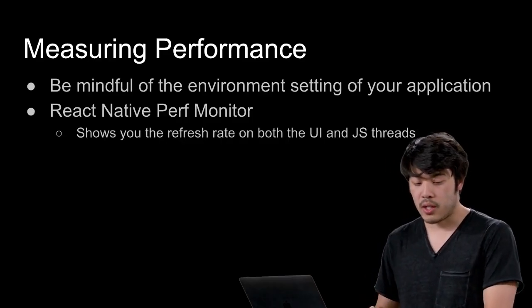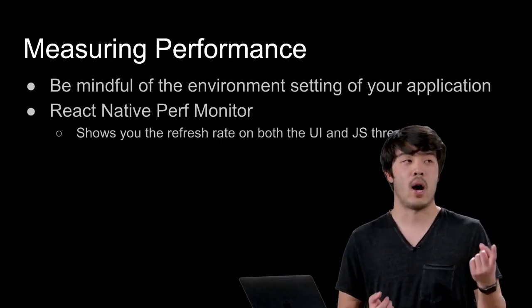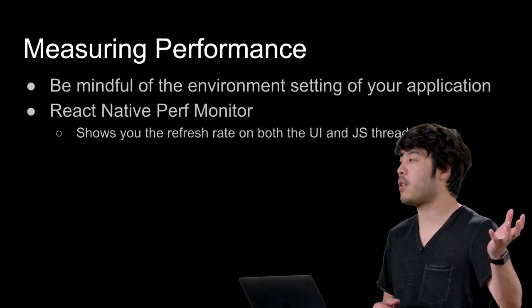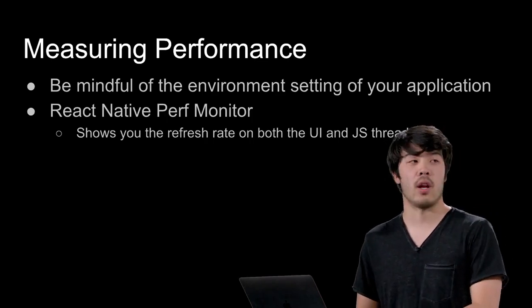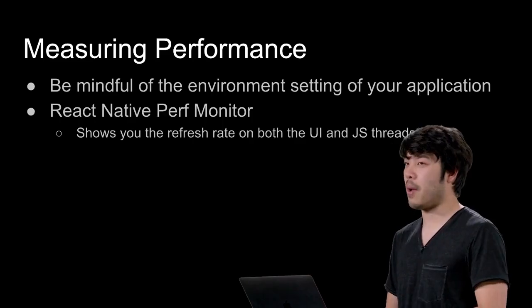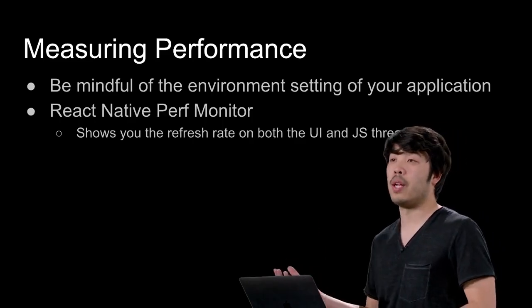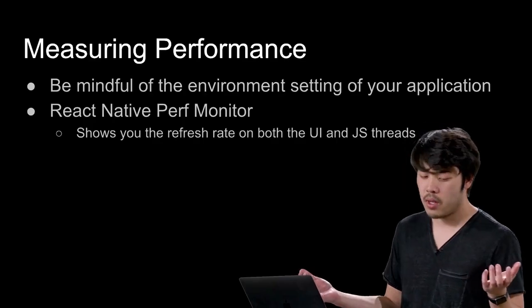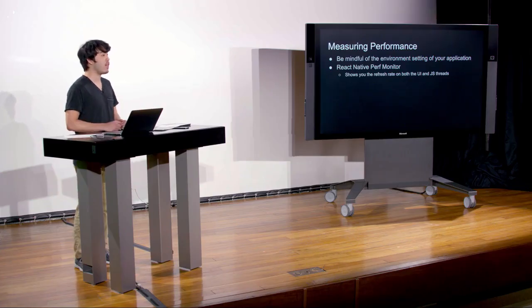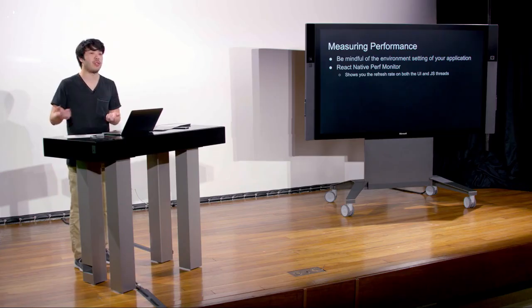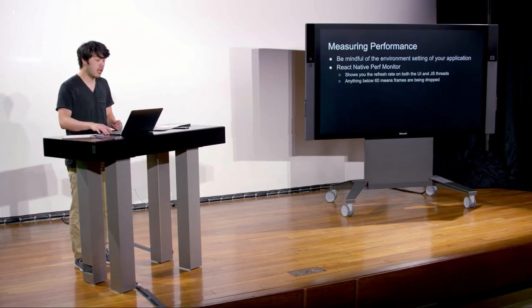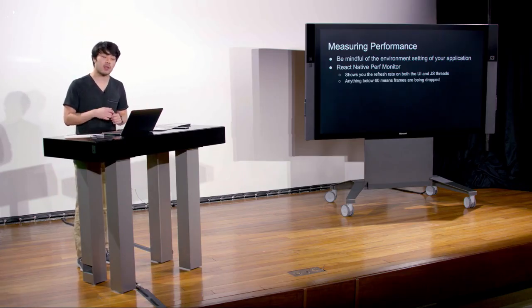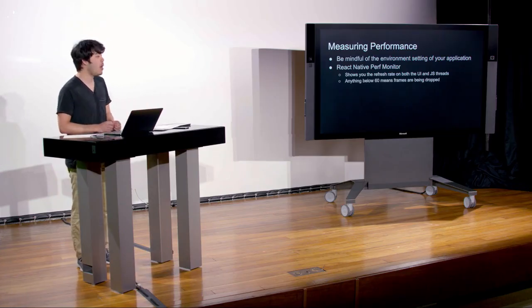What this does is it shows you the refresh rate of both your UI and your JavaScript thread. If you remember back to our lecture on React Native, we talked about how there was one thread for rendering the UI on the native side, and one thread that's actually executing your JavaScript. This React Native Perf Monitor allows us to see the refresh rate on both these threads. Anything below 60 frames per second means we're dropping some frames, and so there is potentially a bottleneck in whatever we're dealing with.